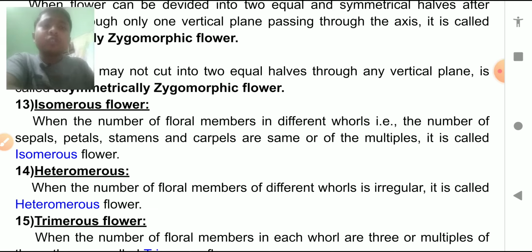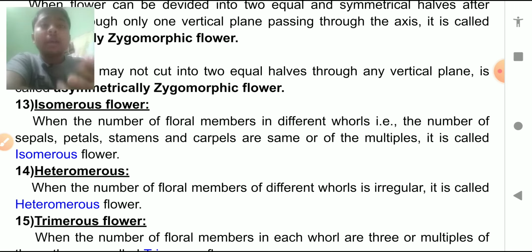Isomerous flower: iso means same and merous means whorl. In flower morphology, merous means whorl. When the number of floral members in different whorls, in other words the number of sepals, petals, stamens or carpels, are the same or multiples of each other, it is called an isomerous flower.